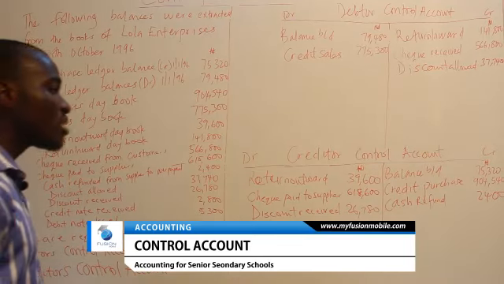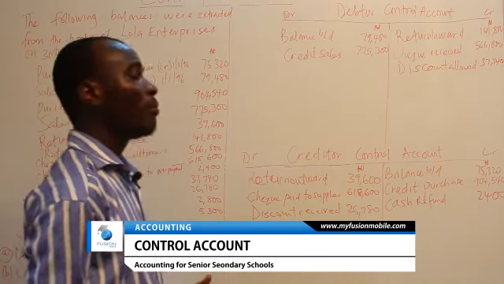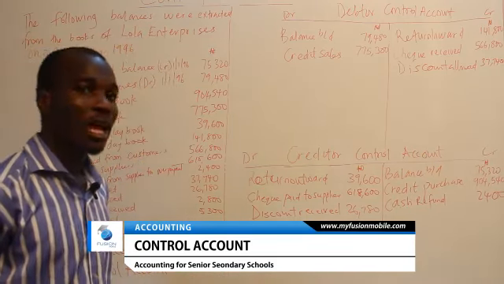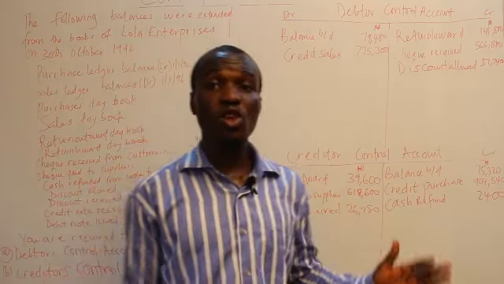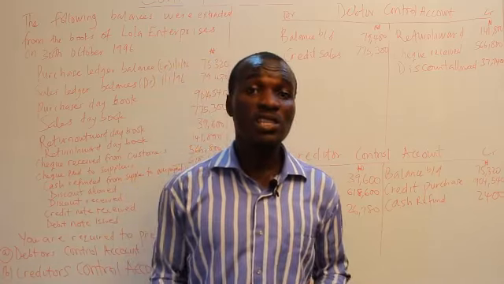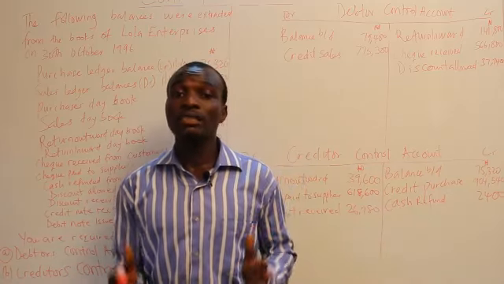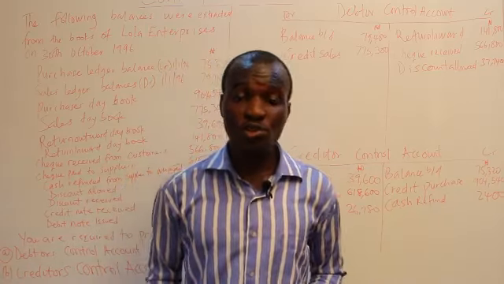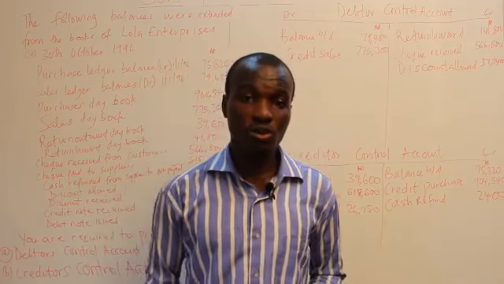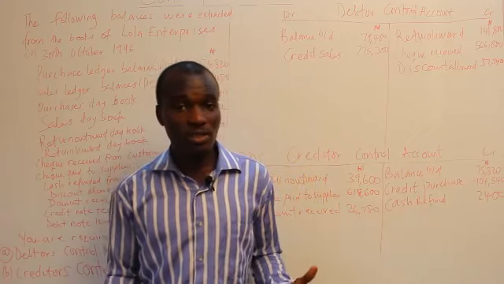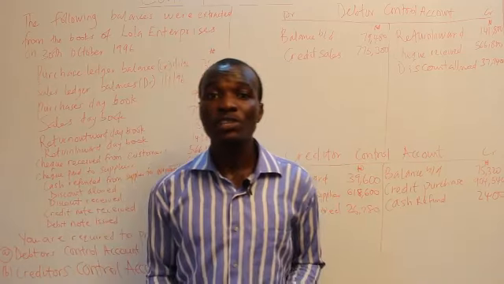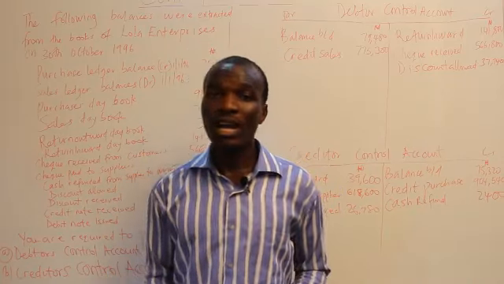Now the next thing we have is credit note received. Credit note is one of the source documents, and when a credit note is received from the supplier, it means our debt has been reduced. That serves as debt reduction.